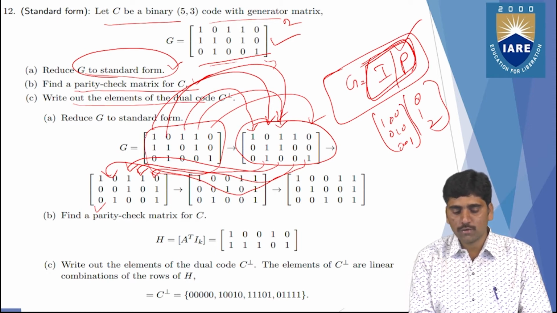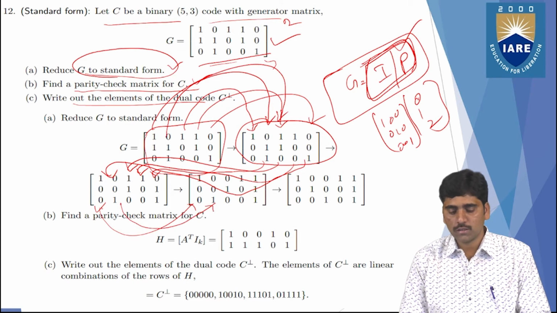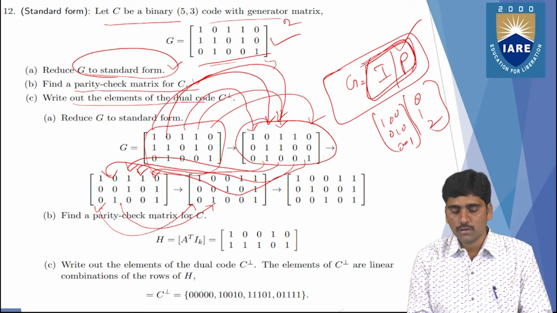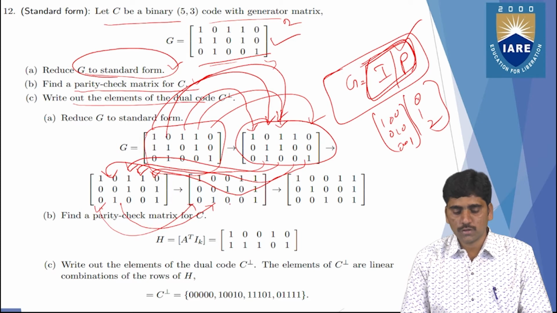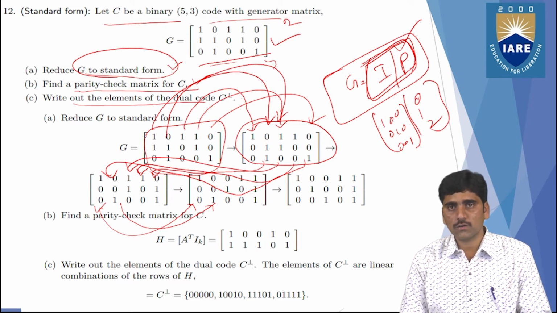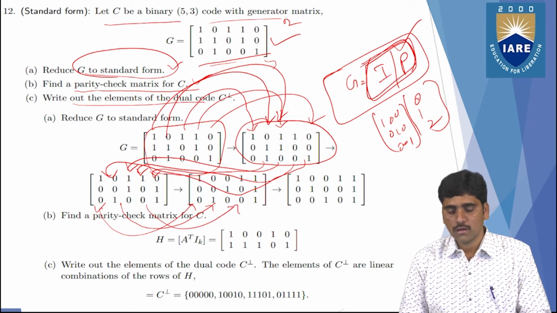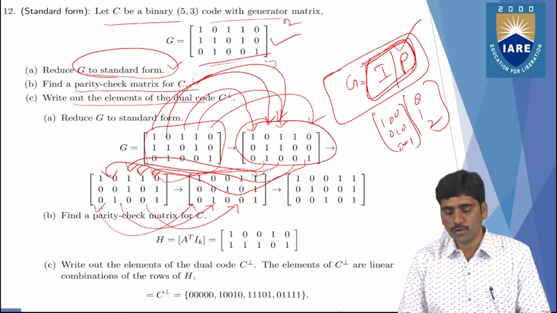See here, R1, 1 0 0, is the same and not changed, and the second one, R2, is also the same and not changed. The third one, 1 1 0, is going to be changed, and similarly 0 1 0 is going to be replaced. 1 0 0 keeps the same place, and the last one, 1 1 1, is going to be changed, so that this 0 is replaced with 1.